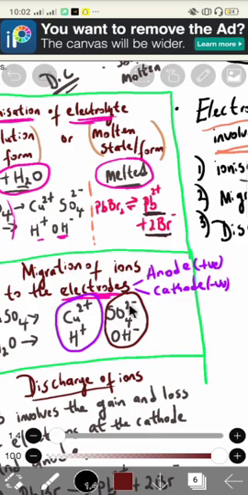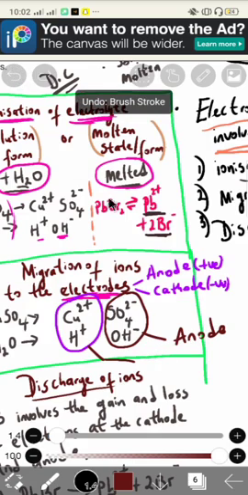So that means this negative one will be going to where? The anode, correct. While this one will be going to the what?